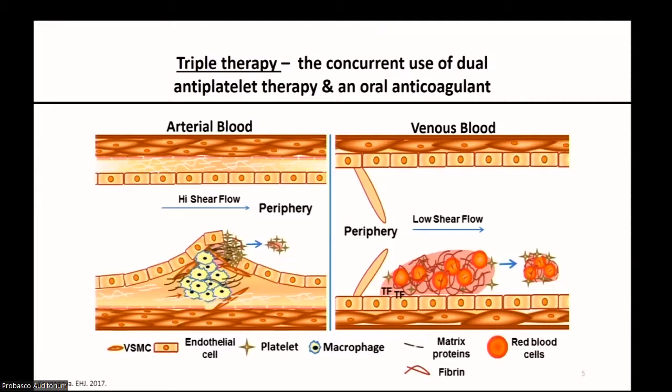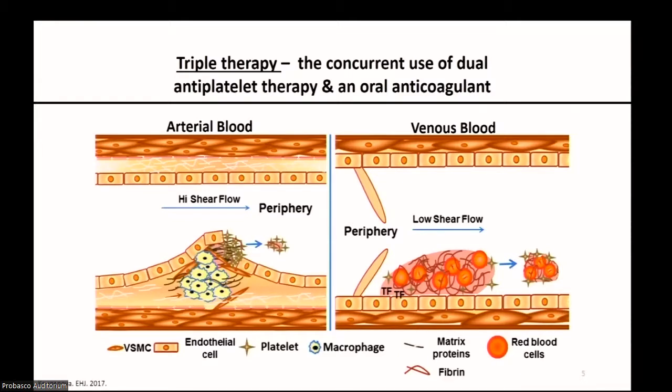On the left, we can see the high shear flow, such as in arteries, and the arterial thrombi are rich in platelets, and they can form at sites around a ruptured atherosclerotic plaque. Arterial thrombosis can be the cause of MI, while venous thrombosis leads to VTE and PEs, and this can happen in places of low shear flow, such as the veins.